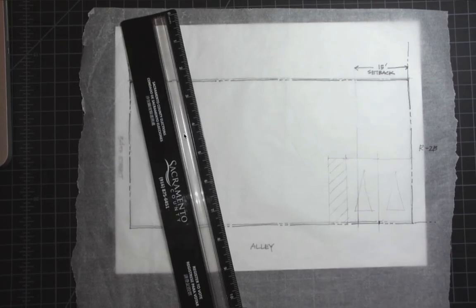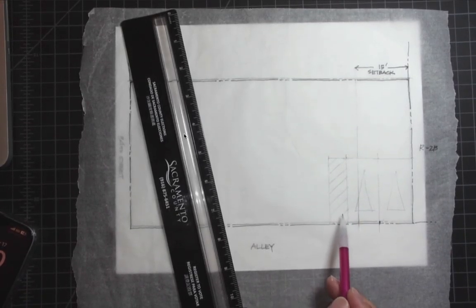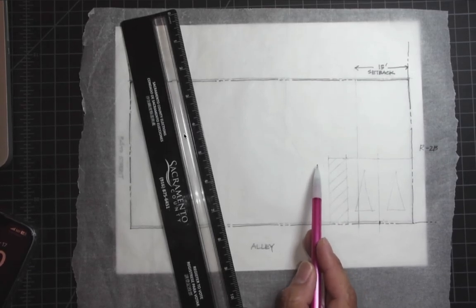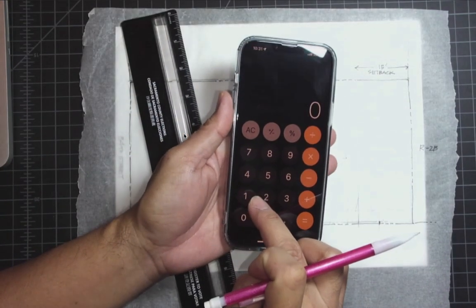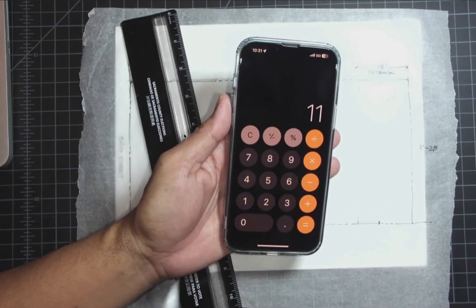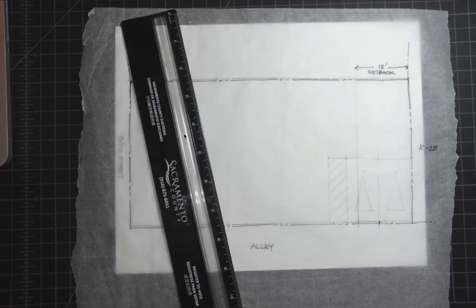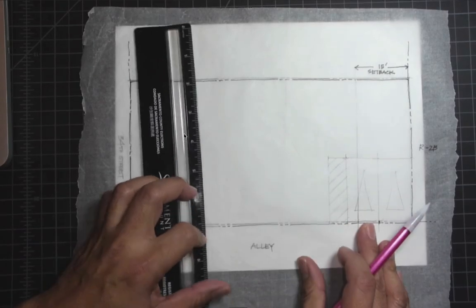If you have a 5-foot aisle, then the parking must be bigger than 9 feet. We have 132 inches, I believe. 132 divided by 12 is 11 feet. So that's one option: 5 feet of aisle space, but 11 feet of parking.